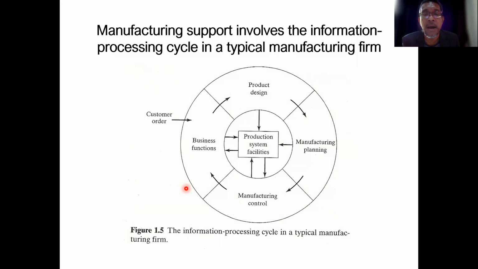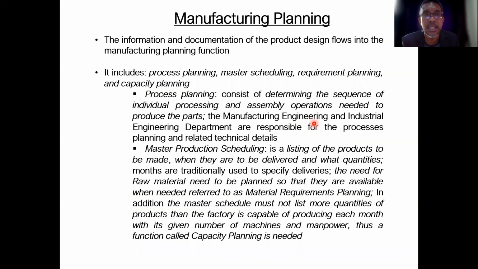So after we get the complete design, we pass over the design either to the production side or manufacturing planning. Normally we pass the information to manufacturing planning, bill of material, to do the documentation, the planning of the production.